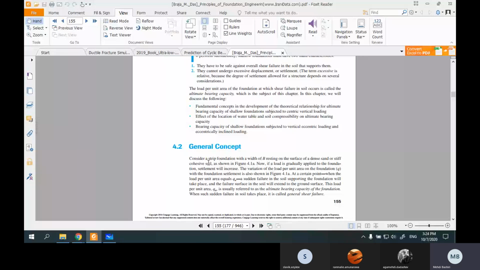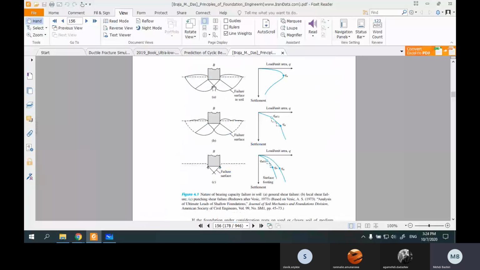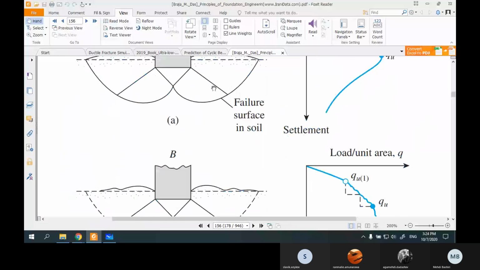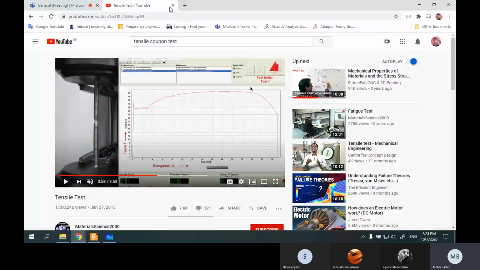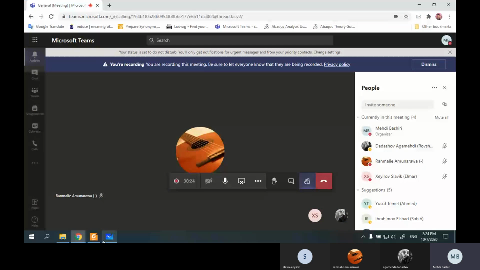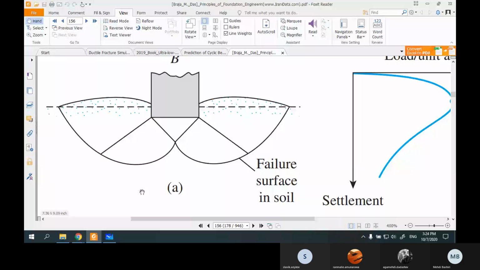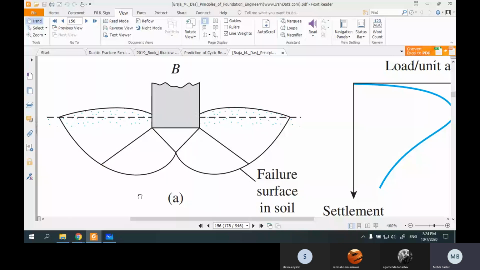Here you can see the main failure of the soil. What do you understand from this shape?